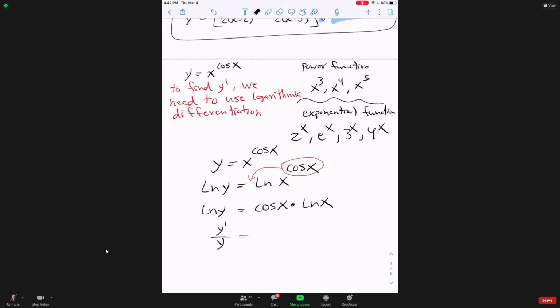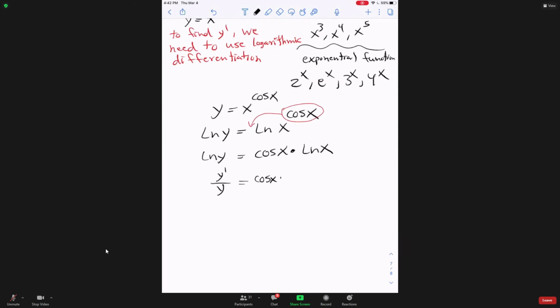And then on the right side here, we have to use the product rule. First, times the derivative of the second. What's the derivative of natural log of x? 1 over x. Plus second, times the derivative of the first. What's the derivative of cosine? Negative sine of x. All right. Now we're going to multiply both sides by y. So y prime is equal to cosine of x over x minus the sine of x ln x, times y.